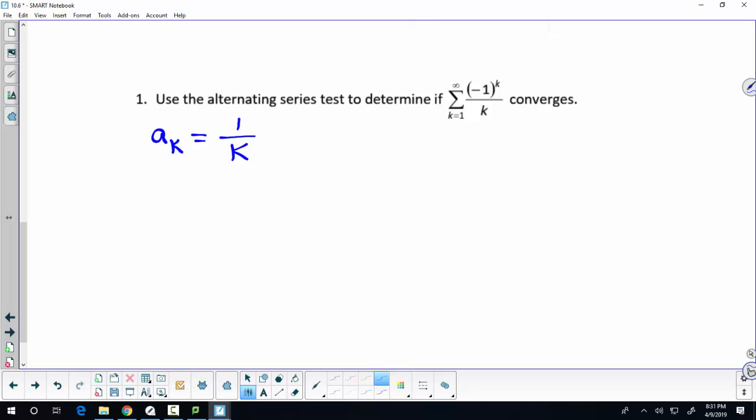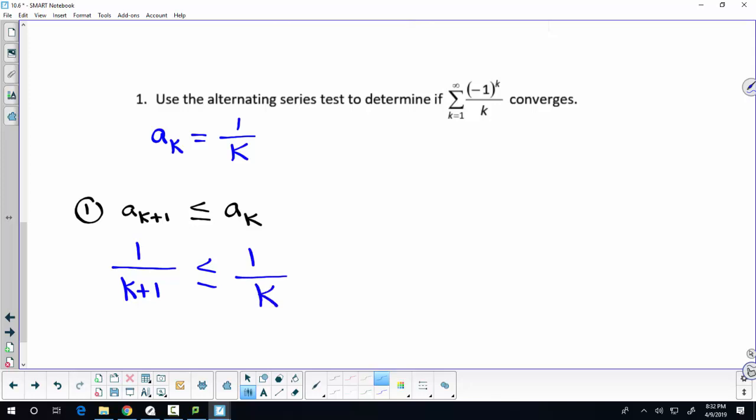So our a sub k is just 1 over k. So is a sub k plus 1 less than or equal to a sub k? In other words, is 1 over k plus 1 less than or equal to 1 over k?